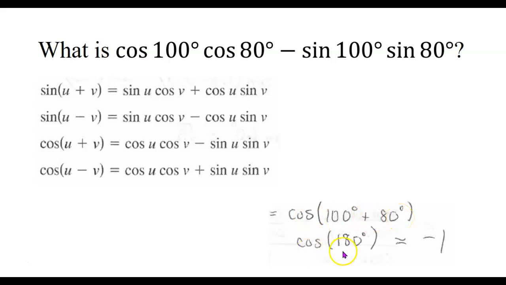That is, it's the cosine of 180 degrees, which we happen to know is -1. Now, if you wanted to check this, you could get your calculator and actually punch in cosine of 100 degrees times cosine of 80 degrees minus sine of 100 degrees times sine of 80 degrees. Make sure your calculator's in degree mode, and that should come out to be -1.